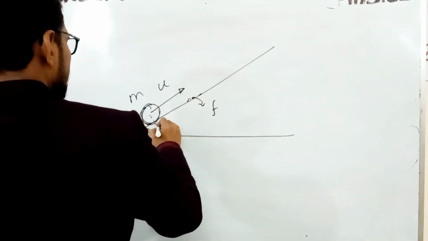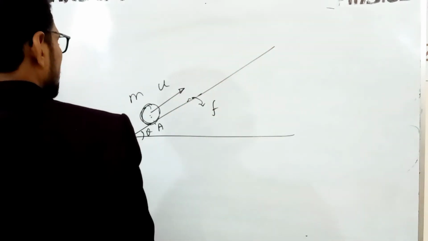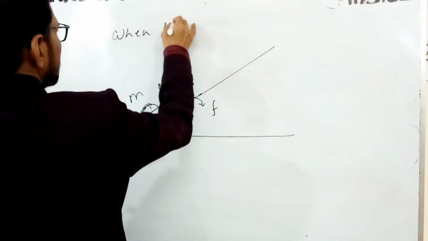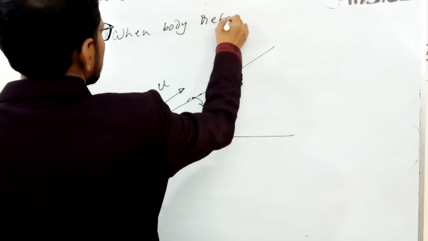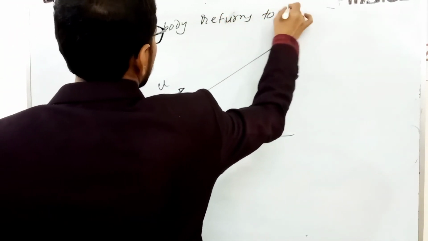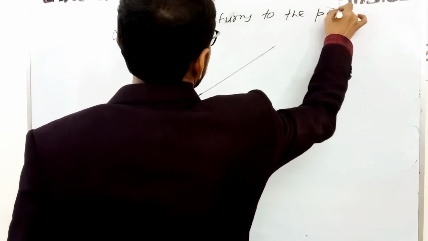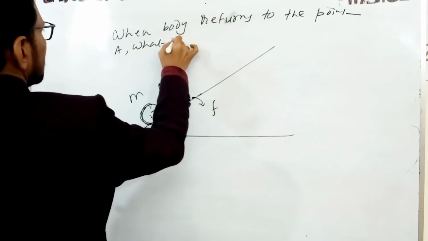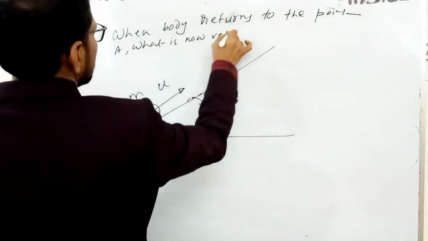When the body returns again to the point A, what is the velocity now?